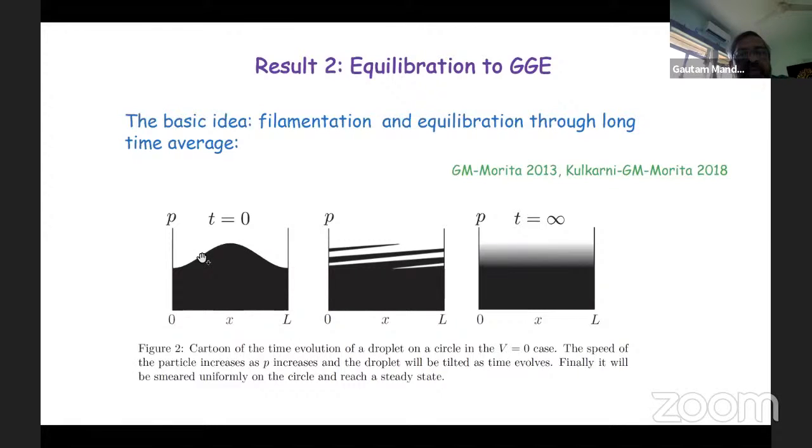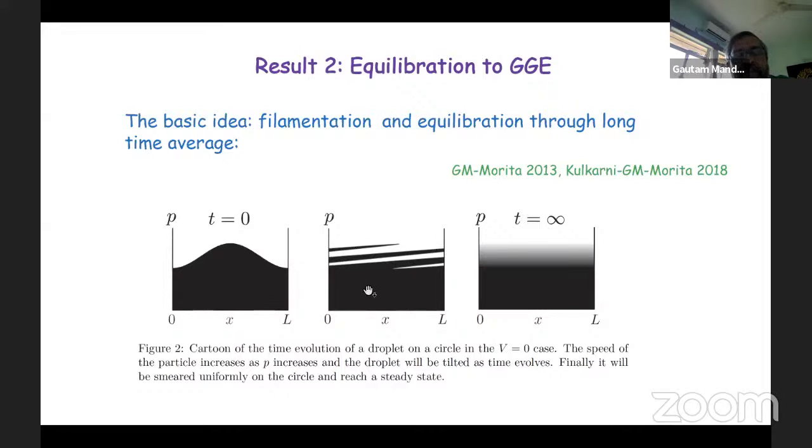So now what are we doing here? We are talking about free particles in a box, a periodic box. So there is a little finger that appears, and then that goes and hits here, and then it's a periodic box. That means that this goes here and so on and so forth.